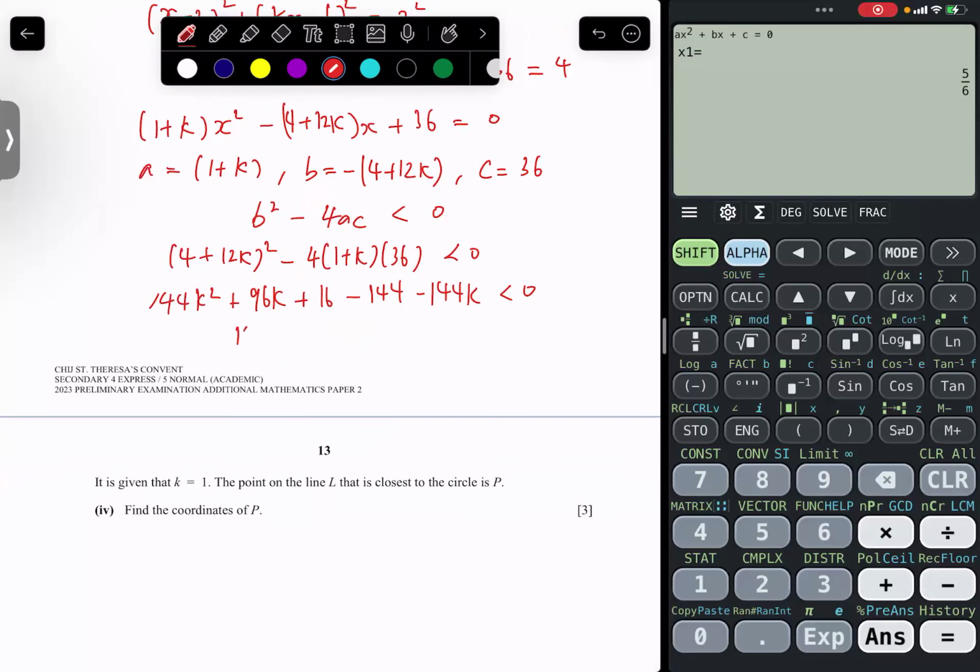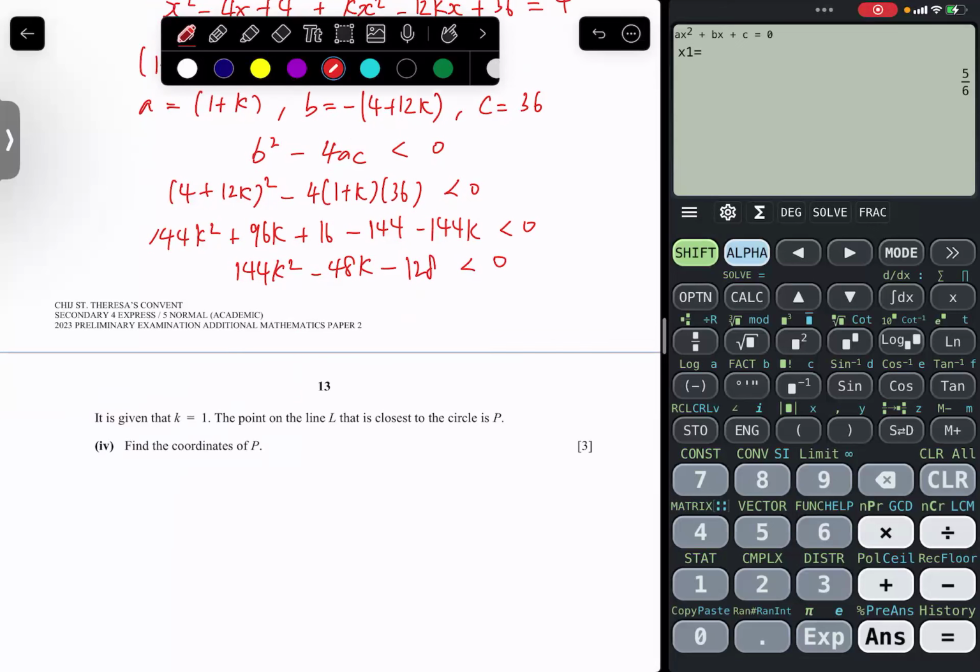So 144k squared minus 48k minus 128 must be less than 0.